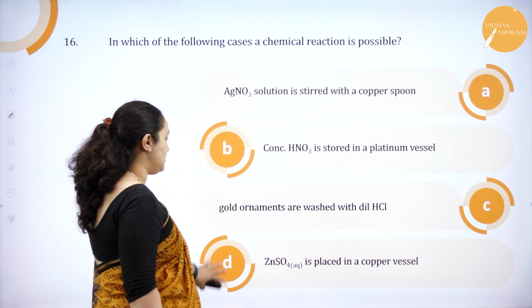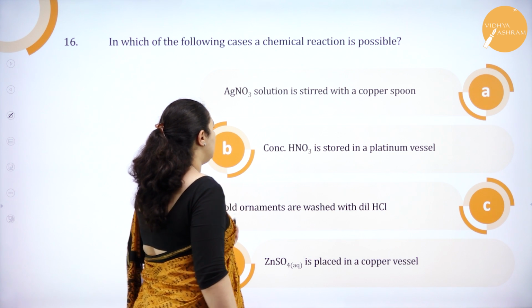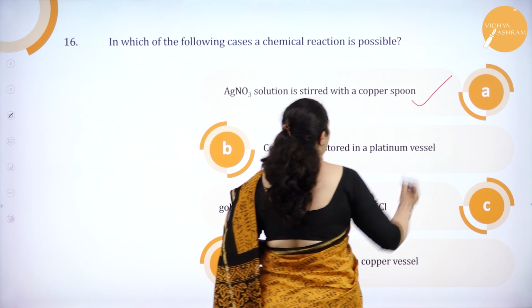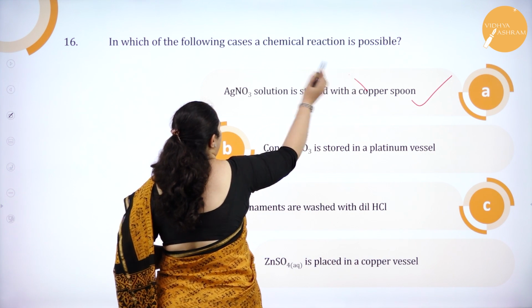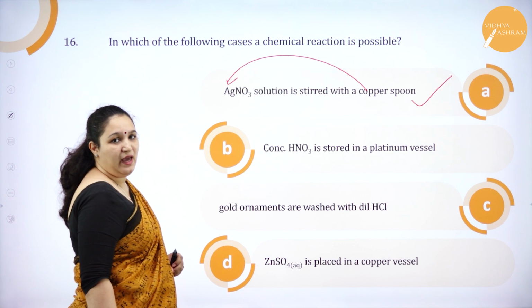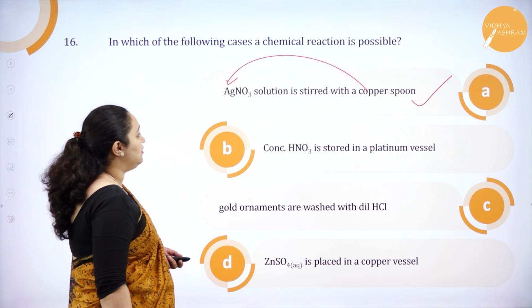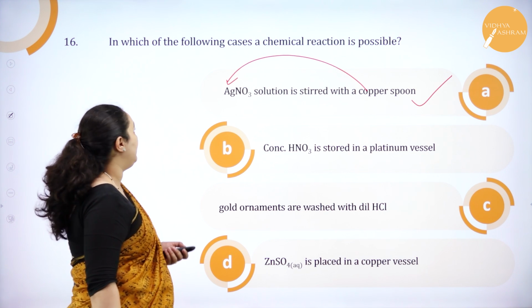So obviously this is not the correct answer. Which is possible they are asking. So this is the one which is possible, because copper can displace silver from AgNO3. Okay, so A is the correct answer where exact reaction is happening.